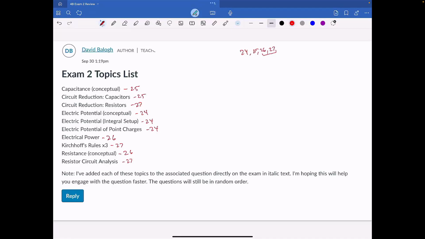Kind of included in resistors, but there were some switches with the capacitor chapter. No, capacitance conceptual, I don't think has a switch in it. I'm not doing any of those things where like in the homework you switched on different branches. I'm not doing any of that.